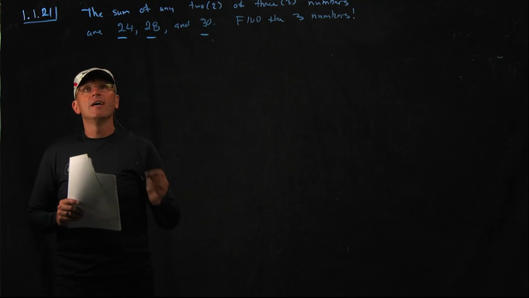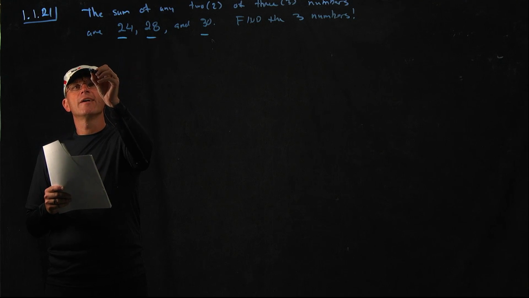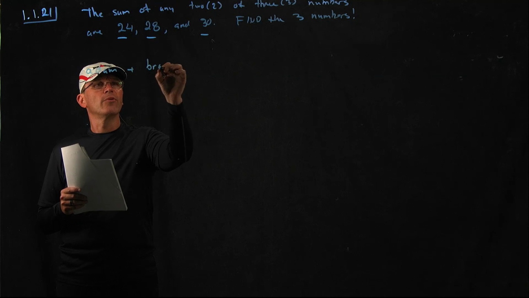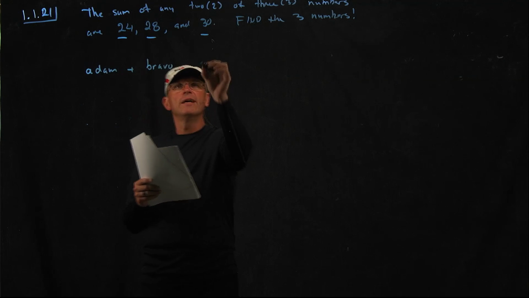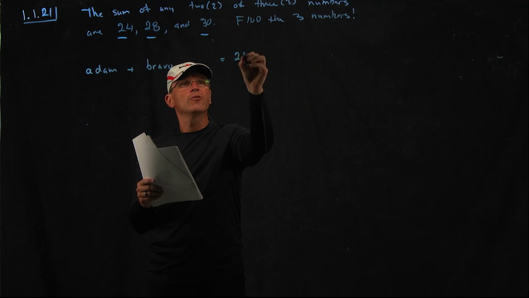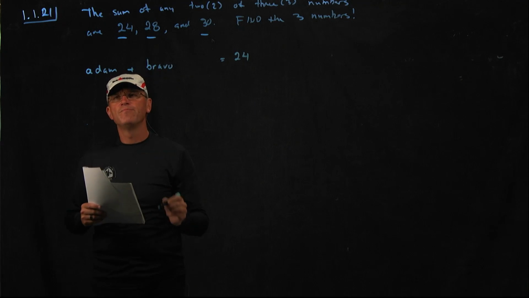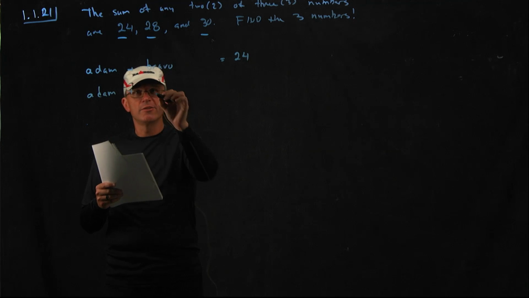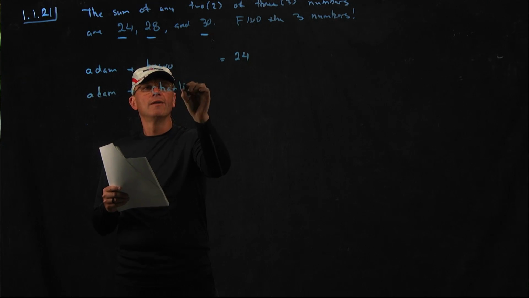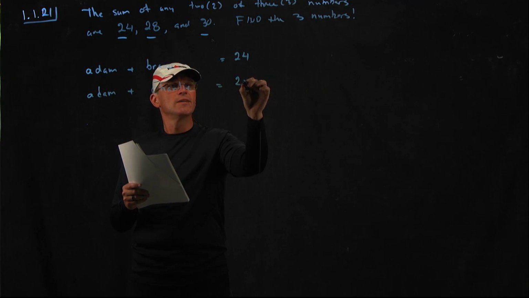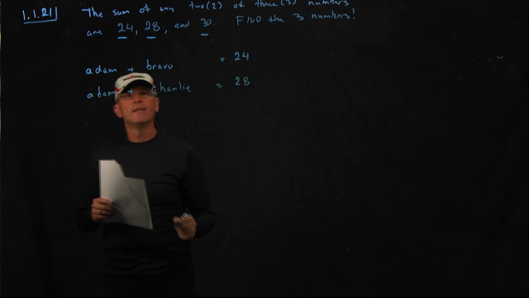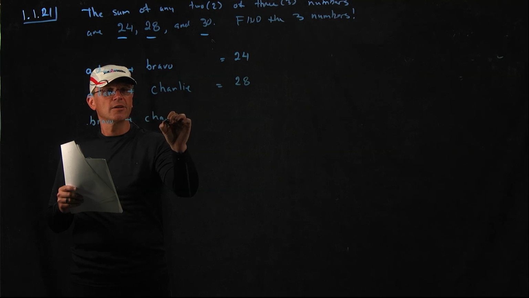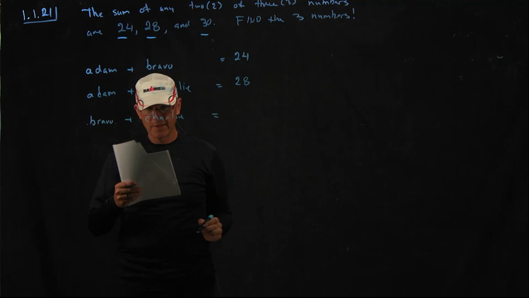Right, so we can call our numbers Adam, Bravo, and Charlie. If we add Adam plus Bravo, we get 24. If we add Adam and Charlie, we get 28. And if we add Bravo and Charlie, then we get 30.